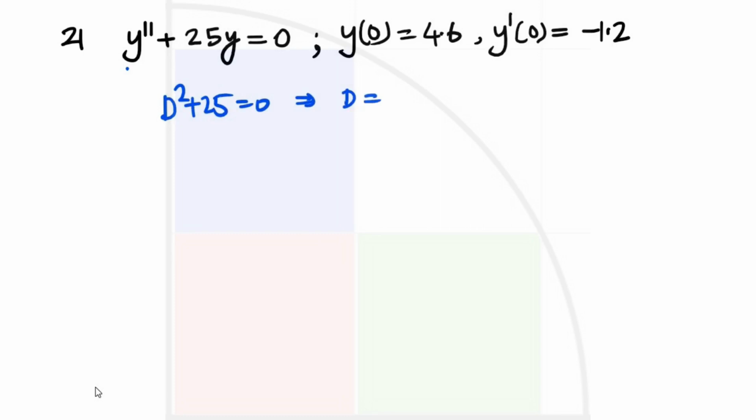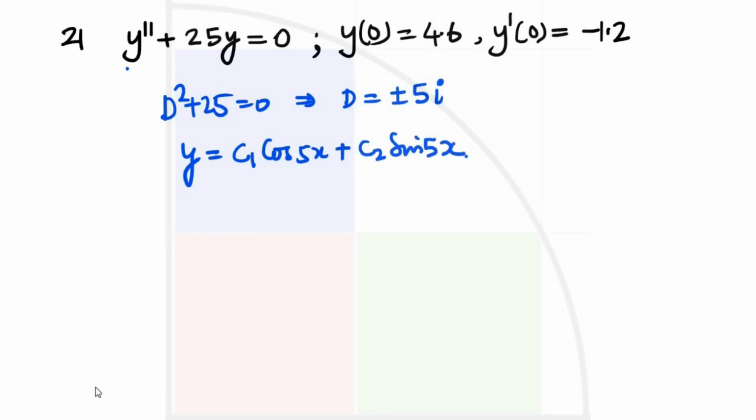this will give us D is equal to plus minus 5i, and hence the general solution for this will be c1 cos 5x plus c2 sin 5x. Okay, now we have to use the conditions. The first one we can use right here, because it is with the equation.